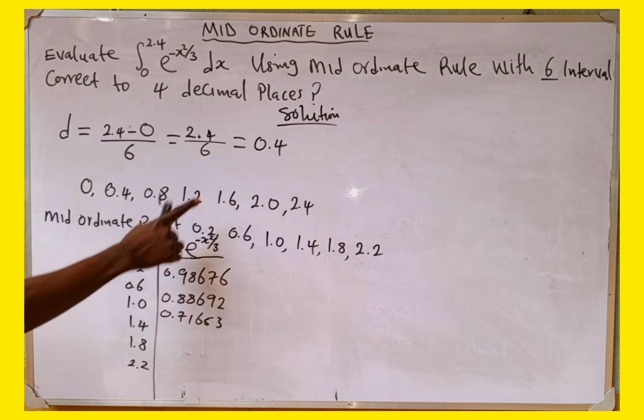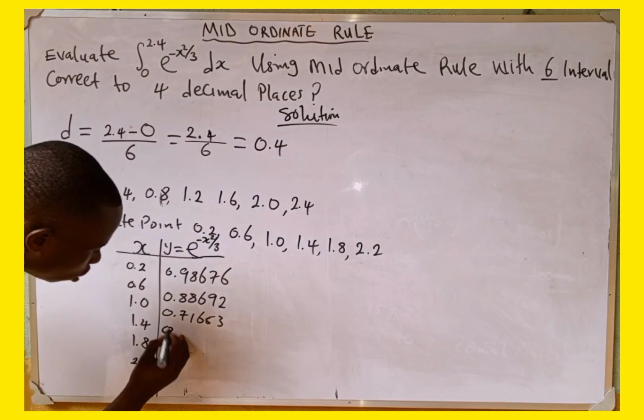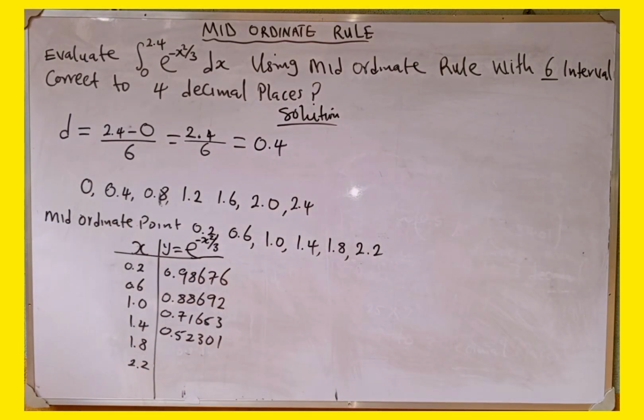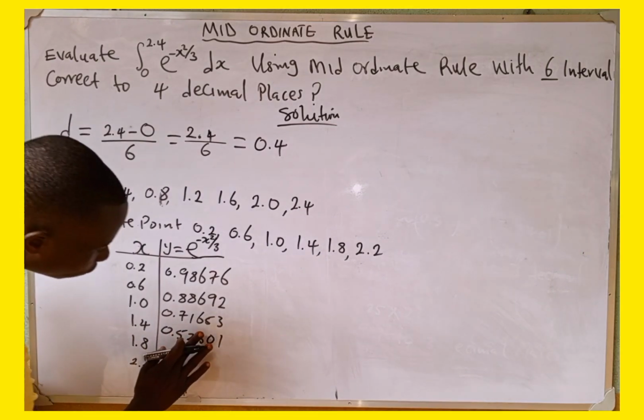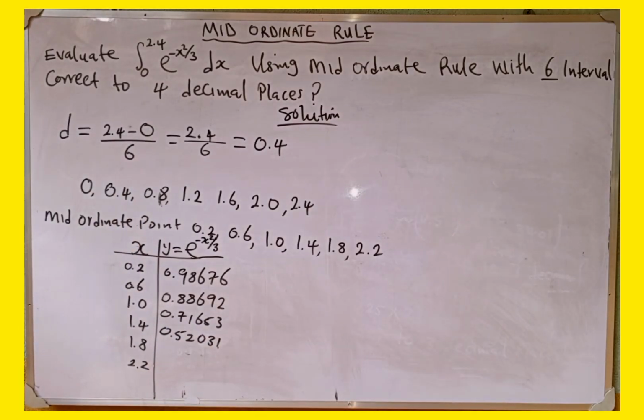Plug in minus 1.4 squared, press equal to, divide by 3, press equal to, take the exponential of the answer, and it is going to be 0.52031.